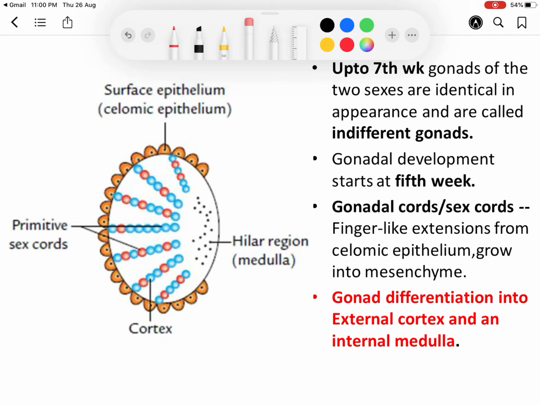In this diagram, this is the coelomic epithelium. It will proliferate and form finger-like extensions towards the medulla, and these finger-like extensions are called sex cord cells.